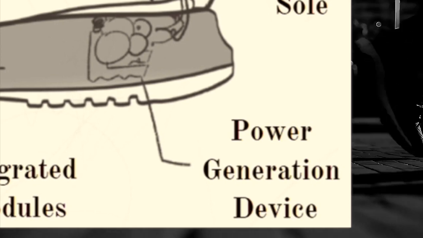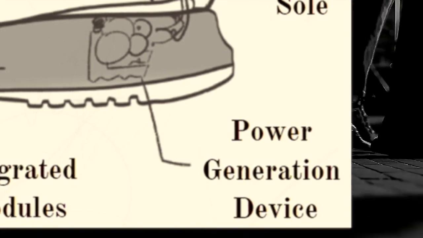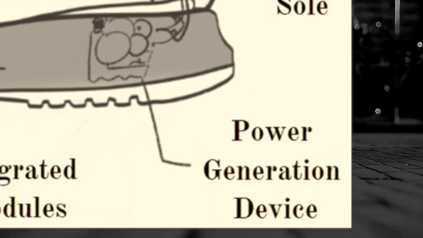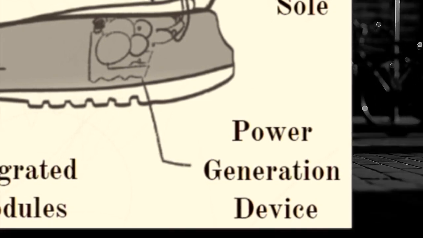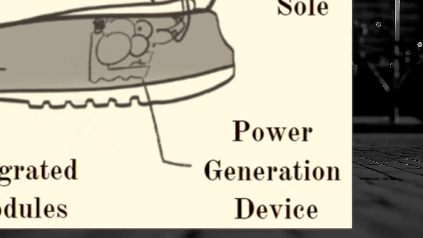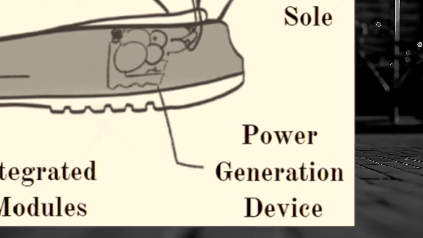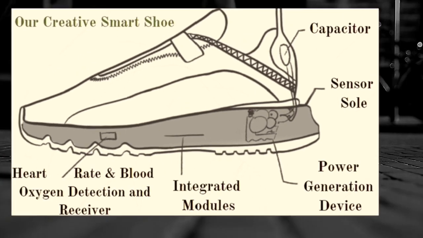With all these monitors detecting information or waiting for something to happen, all of this takes energy or electricity. The way our smart shoe works is that each and every step generates storable energy, which builds up and transfers enough energy for each module or part of the shoe to work in tandem with one another.